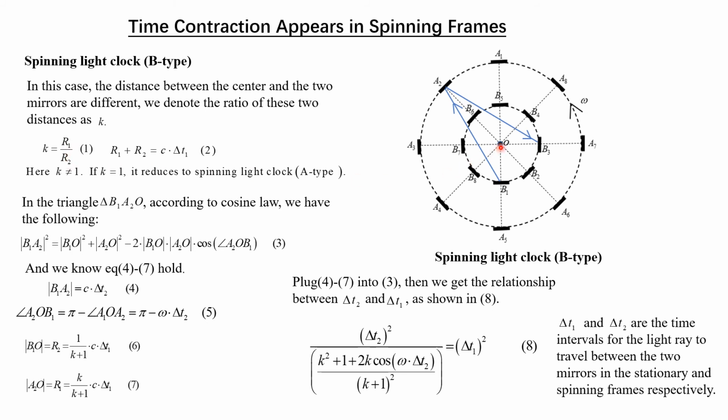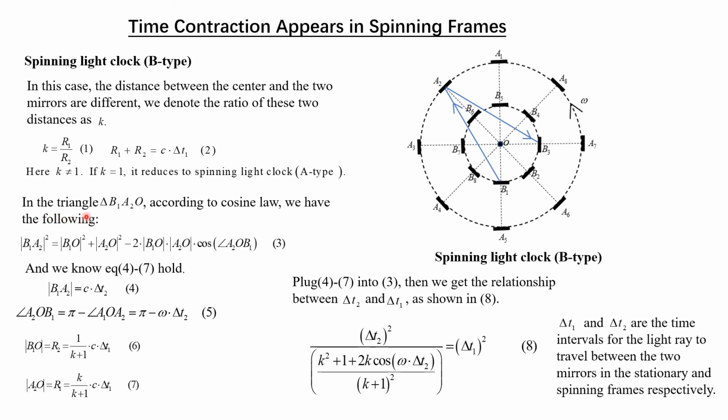R1 is equal to OA1, and R2 is equal to OB1. And we know that R1 plus R2 equals c times delta T1. Delta T1 is the time interval in the stationary frame. And we know k is not equal to 1 here. If k is equal to 1, it reduces to the A-type spinning light clock, not the B-type.